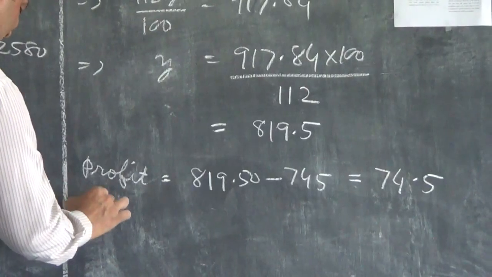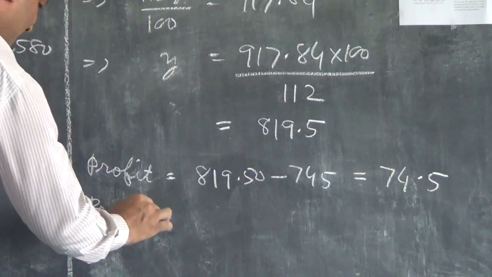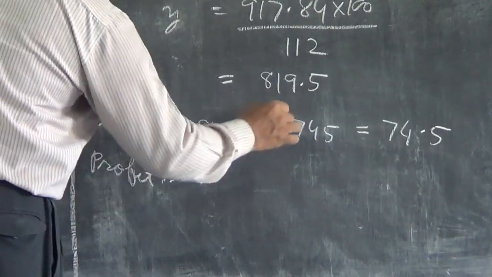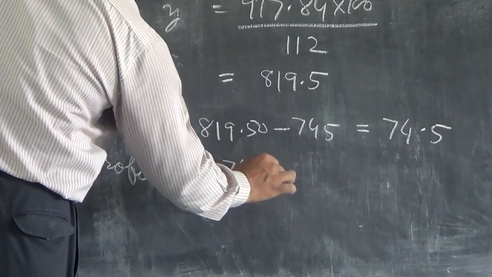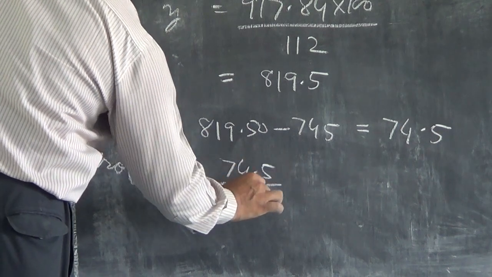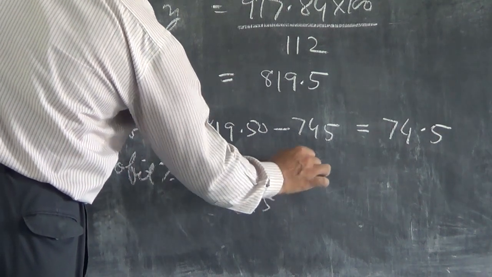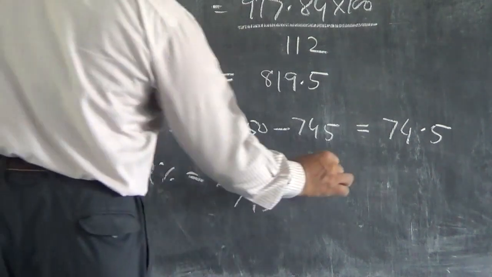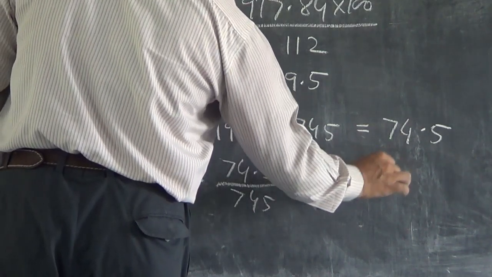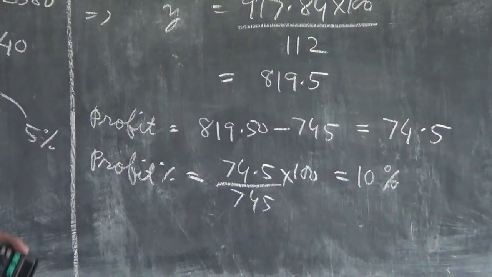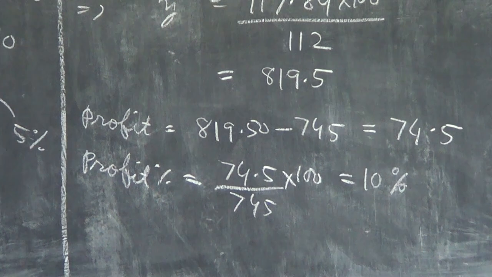Then profit percent equals profit 74.5 by CP 745 into 100, that is 10%. So profit is 10%. So our exercise is over.